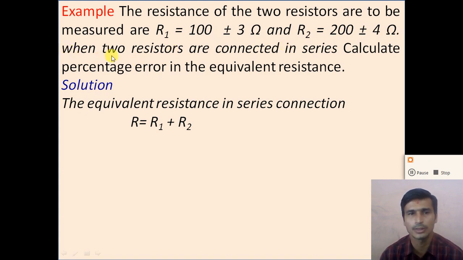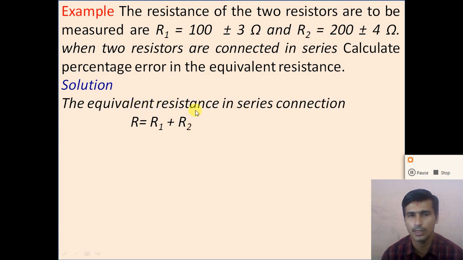When these two resistors are connected in series, calculate the percentage error in the equivalent resistance. Now dear student, you know that when two resistors are connected in series, the equivalent resistance is the sum of the individual resistances.